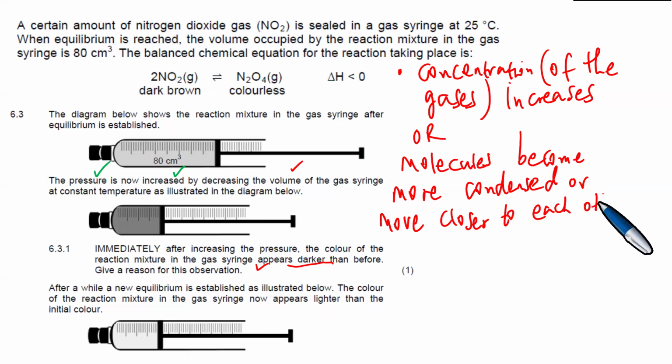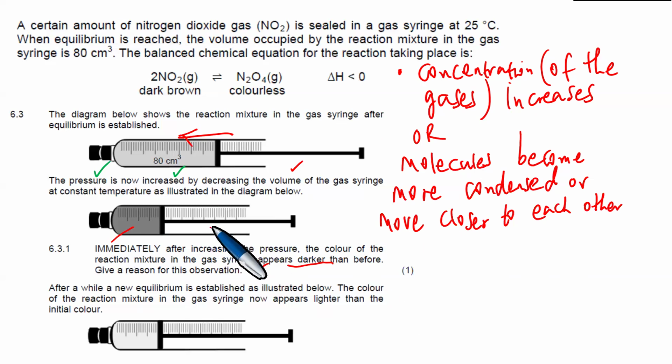What is happening here is that the plunger was here, and somebody pushed it further in. When they push the plunger further in, you have a smaller volume. When the volume is much smaller, it means the concentration increases, because the molecules move closer to each other.